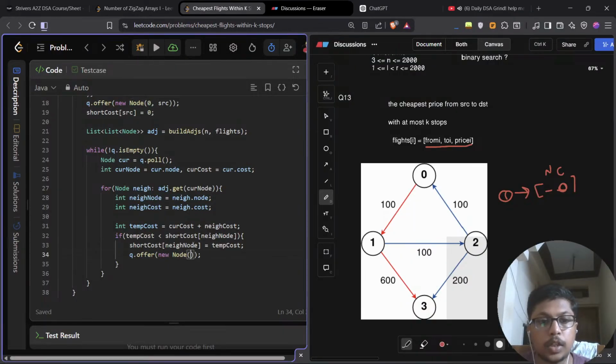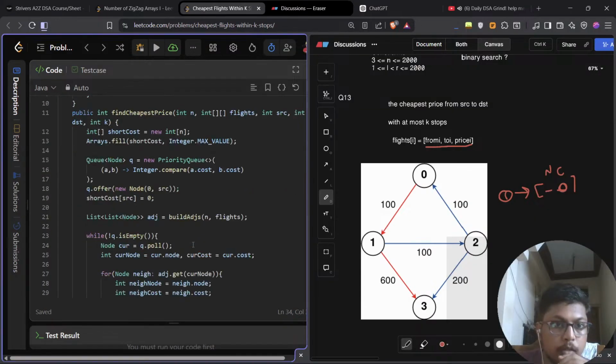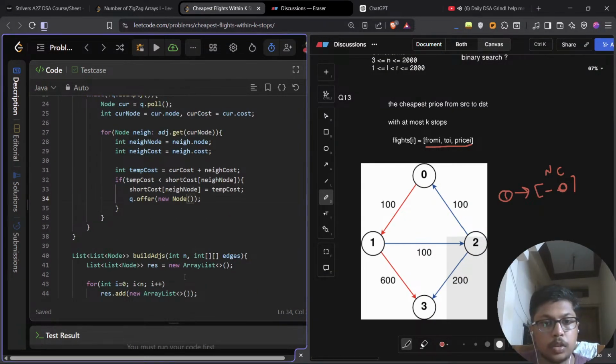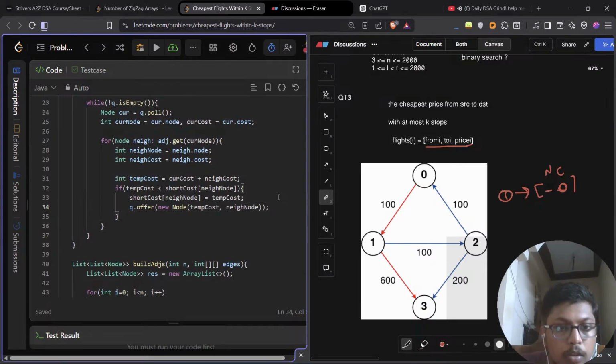First I need to write the distance, sorry, cost. So we could write the temp cost of it. Okay, that's good. So this is how the things work for the diagram.